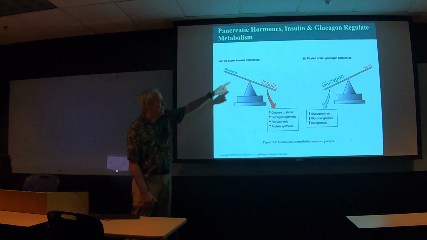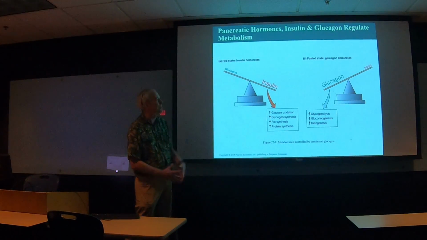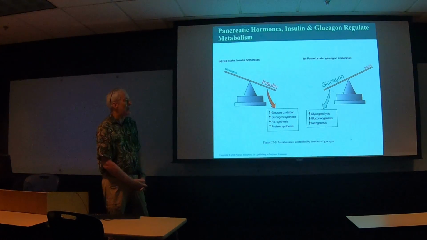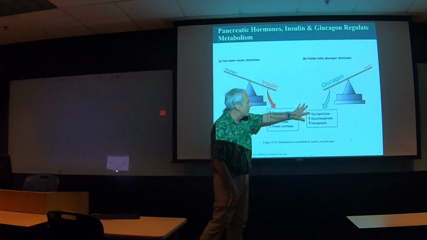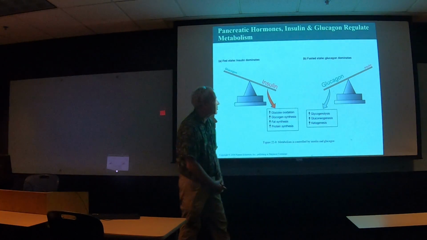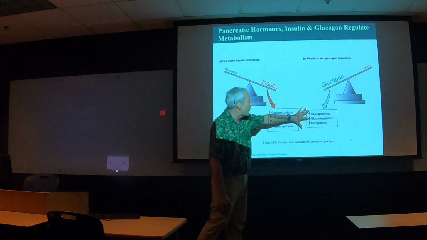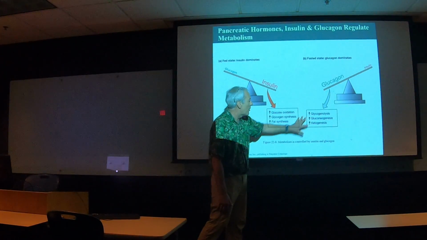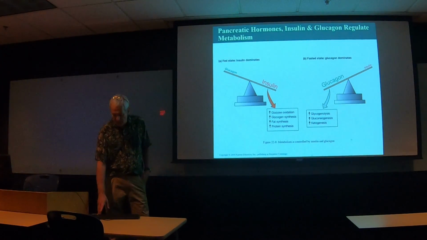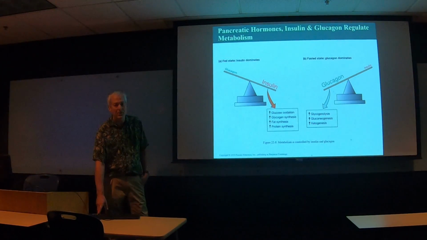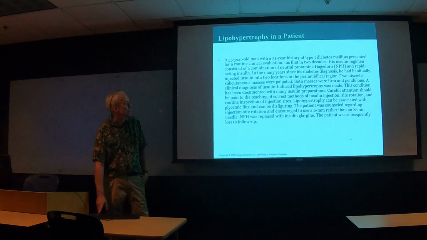Whereas in the fasted state, you have glucagon being dominant, and glucagon tends to increase blood sugar. So glycogen is broken down, you form new glucose, or you increase ketone production. And remember, ketones can also be used by certain tissues for an energy source.